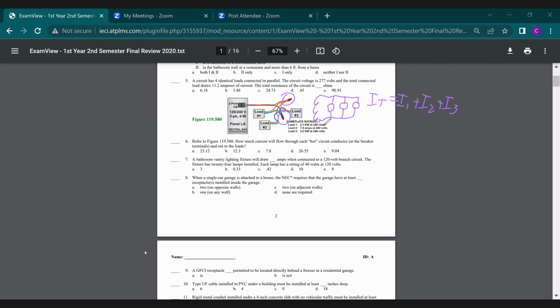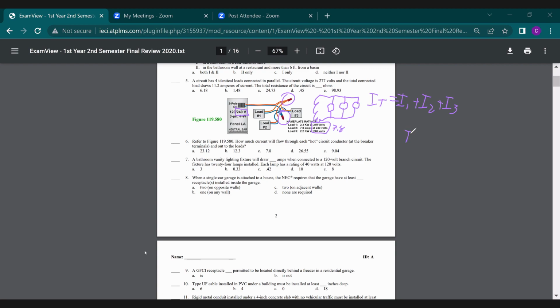I can just go off of my nameplate here and take my nameplate as gospel because my panel says 240. All of my nameplates say 240, so all the information I get off the nameplates is good information. Load 2 says 7.8 amps. That's a quick, easy one. Load 1 and load 3 both have kilowatts. We just need to convert those over into amps.